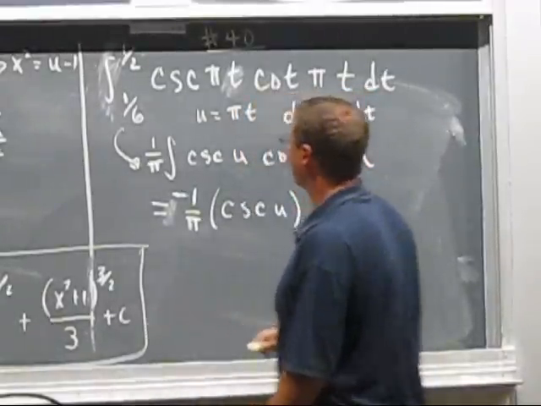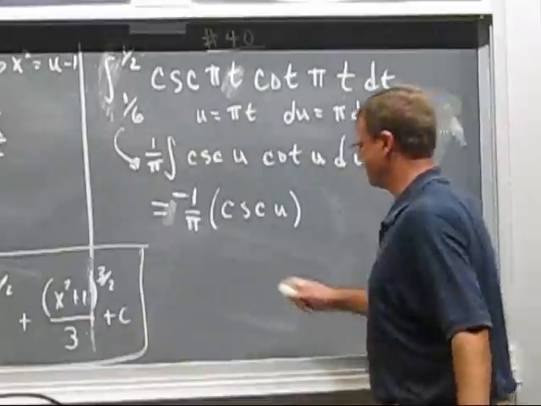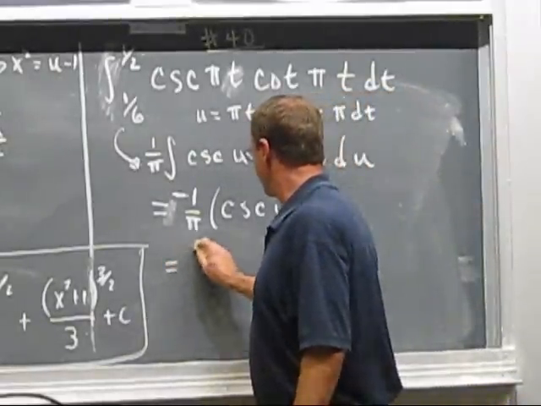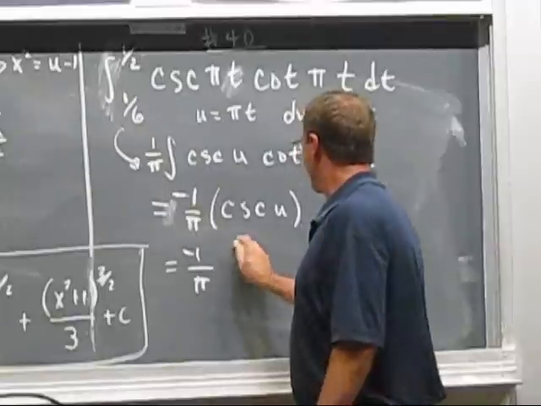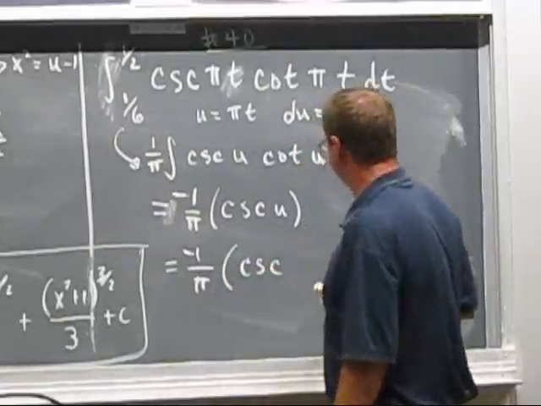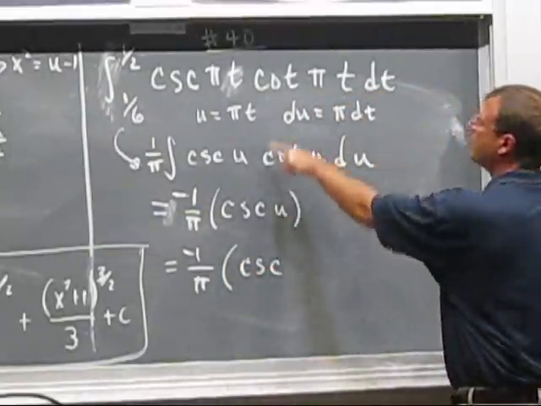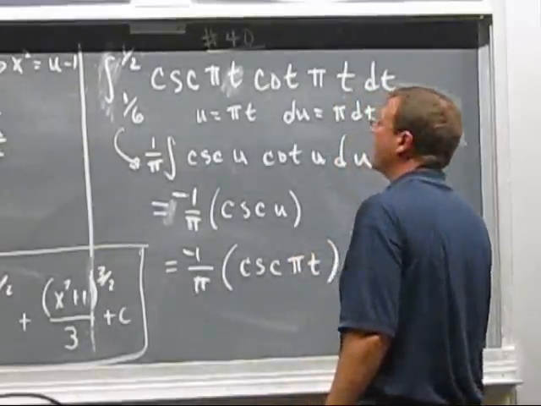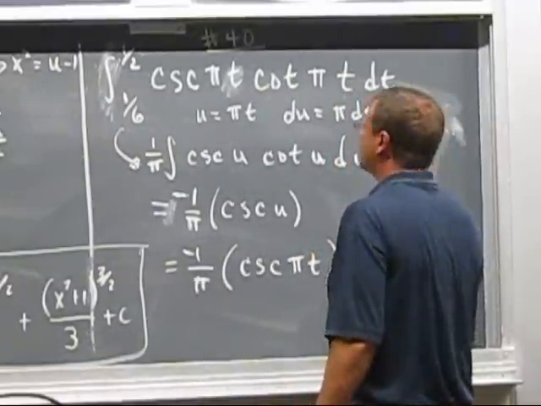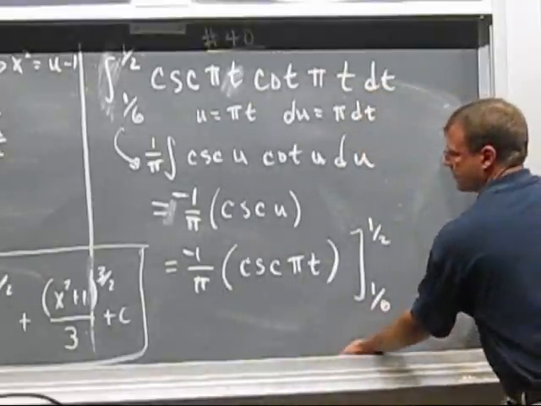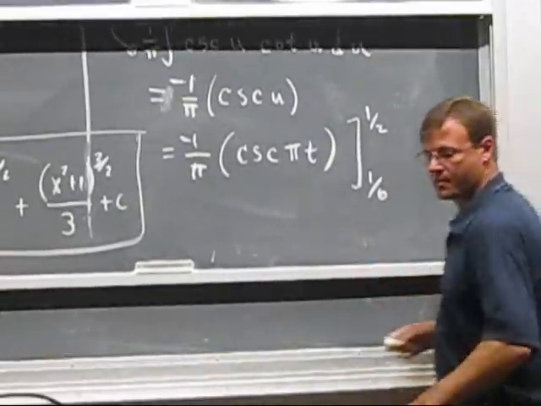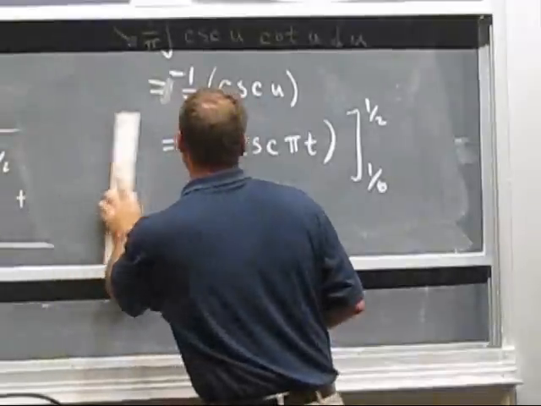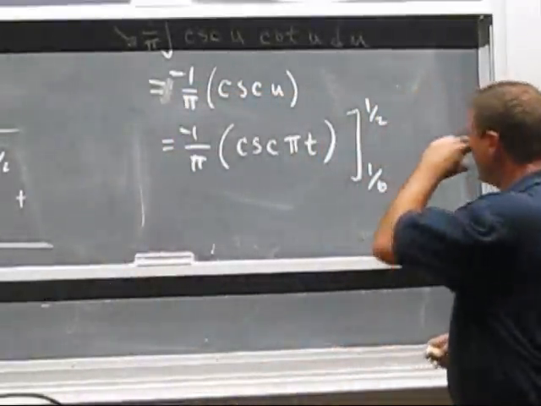And so my integral that I want to compute with these bounds is negative 1 over pi cosecant of u, but u is pi t. And I'm going to evaluate that from 1/6 to 1/2. Okay, so what's that?